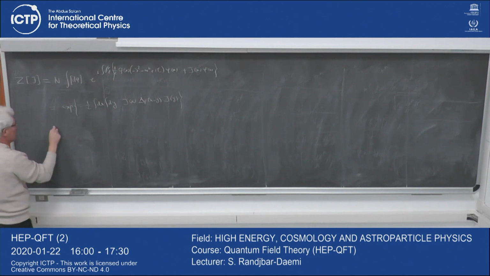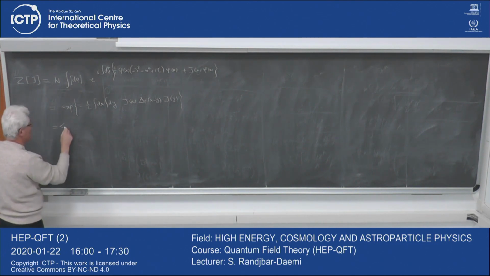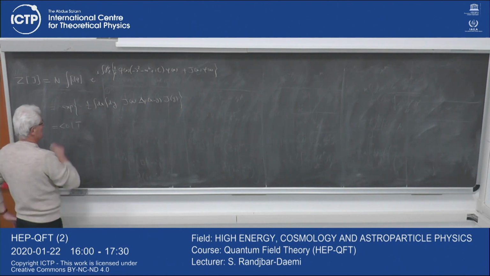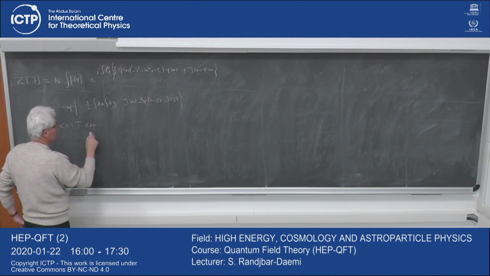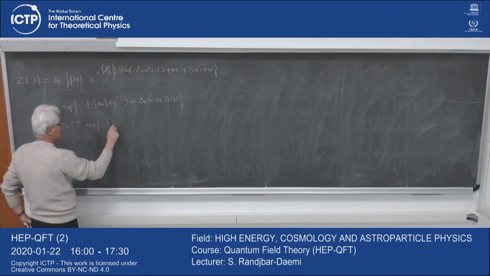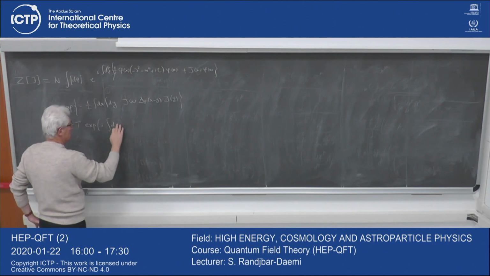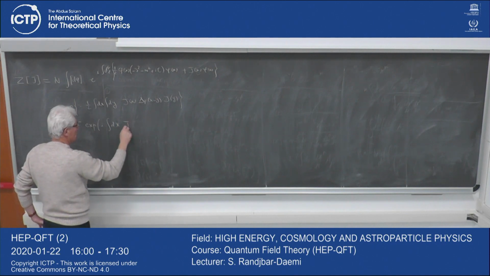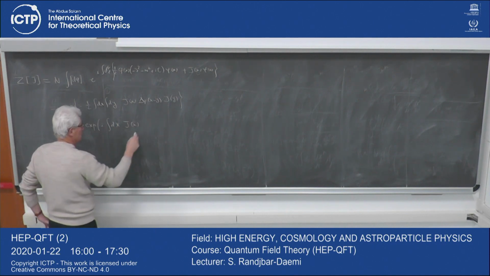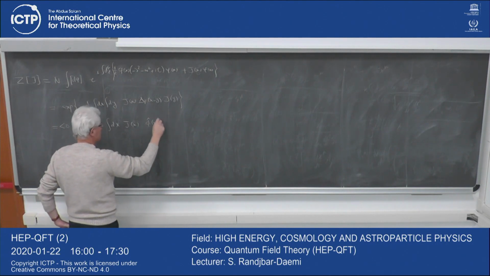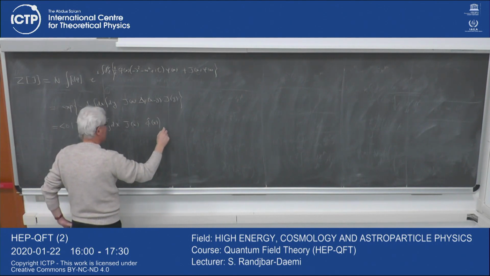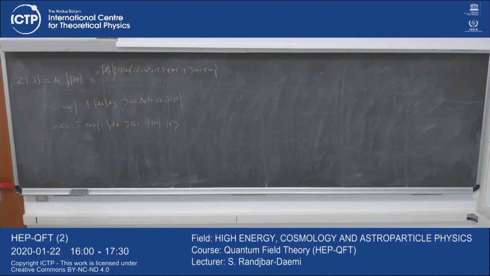And then we showed that the same expression is also given by the vacuum expectation value of the time-ordered product of the exponential of the same source J times a Klein-Gordon field operator. So this was the main result of last lecture.